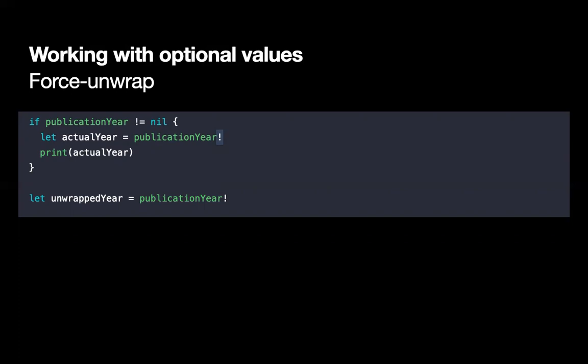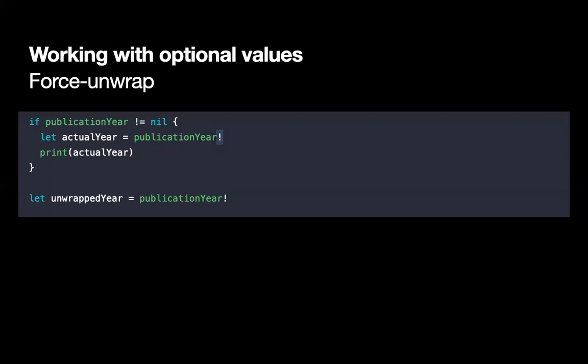By comparing the optional to nil using an if statement, if the value is not nil, you can unwrap the value using the force unwrap operator. So this is the first method where you can unwrap the value, by using force unwrap.